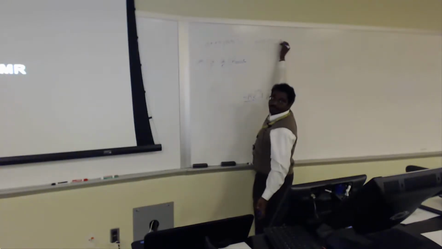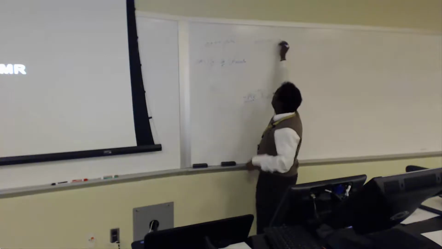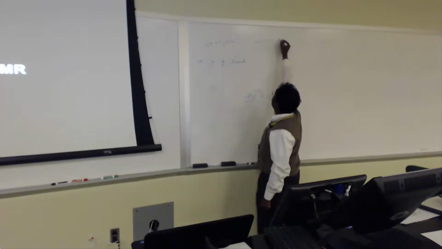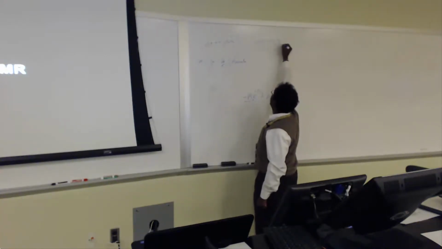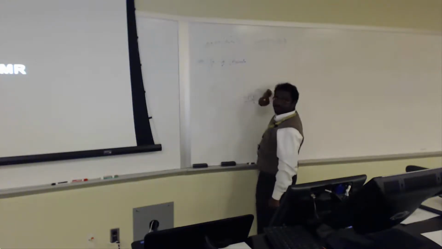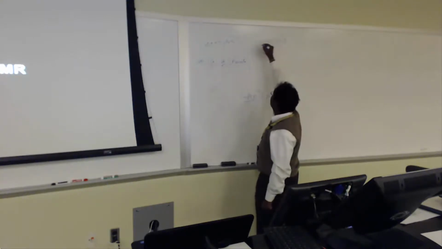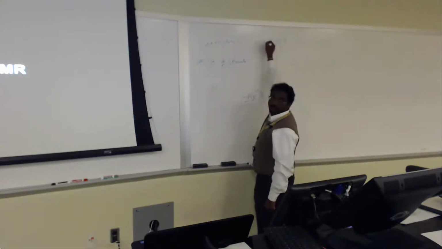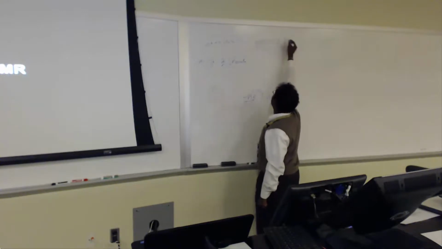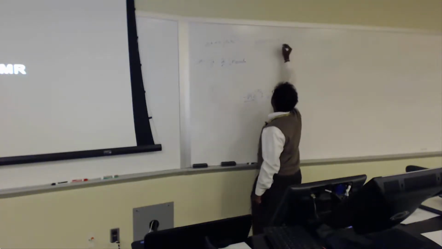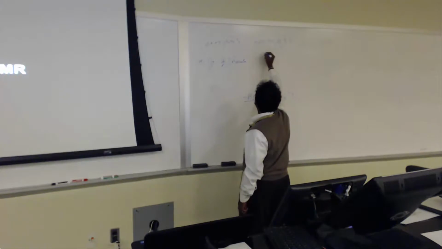The number of sample points changes, which is nx by 2 and ny by 2, right? Because now the voxel size is doubled, so your number of voxels has changed. Ts remains the same. So what is the effective increase in SNR?